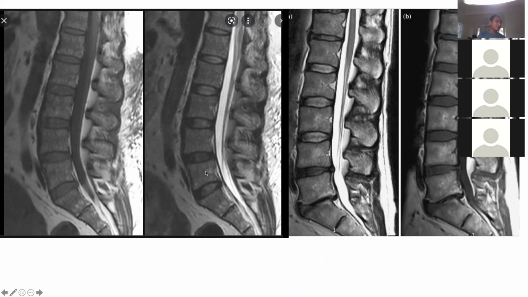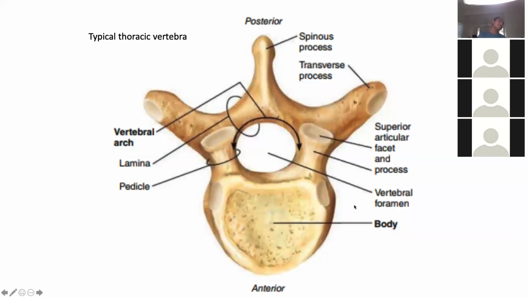This is the vertebra. The pedicle will be here, the lamina will be here. So this is a typical thoracic vertebra. And of course, it gives a little place for the ribs to attach to the vertebra. That is what we call the articular facet for the ribs. Pedicle, lamina, transverse process, spinous process.